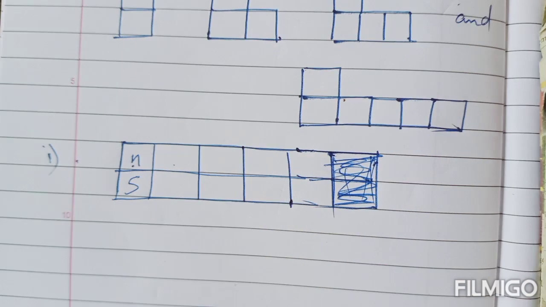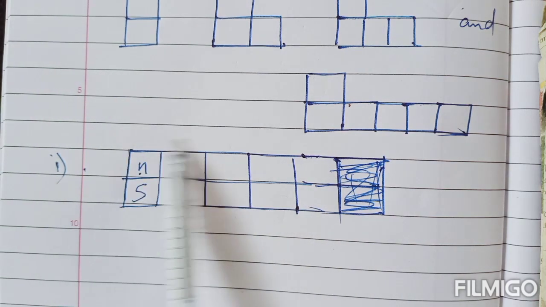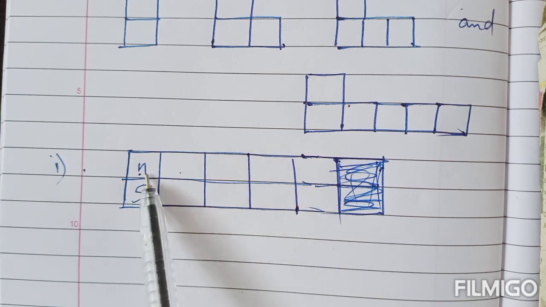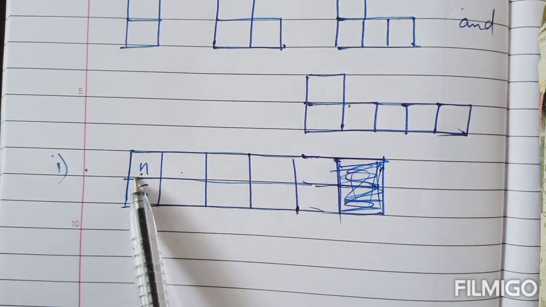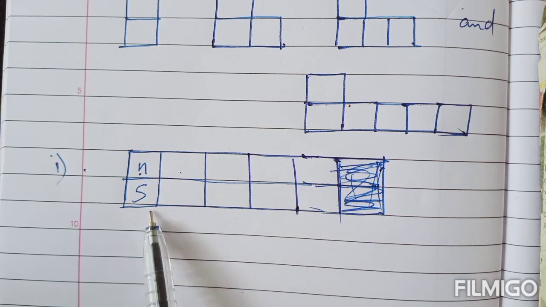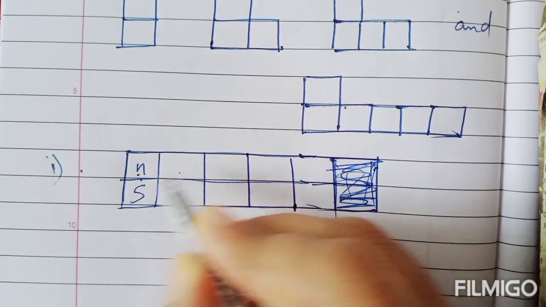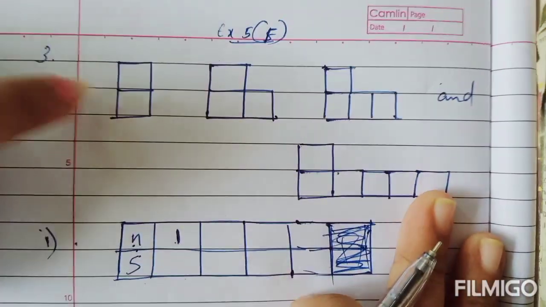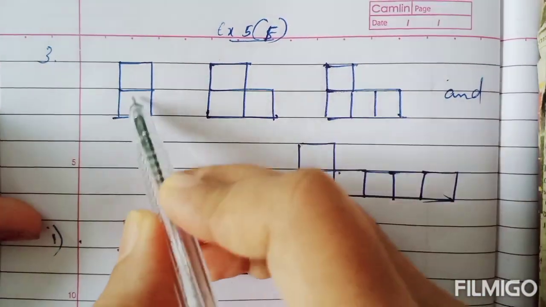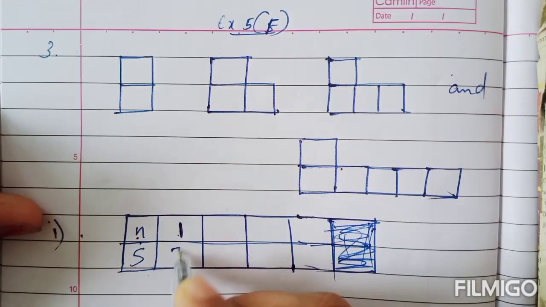Now, in order to find s in terms of n, there is a method. Listen carefully, it is very simple. First you have to construct a table like this. In the first row you write n, which means the number of the figure, and in the second row you write s, the number of matchsticks used in each figure. For the first figure, n equals 1 and s is 7.